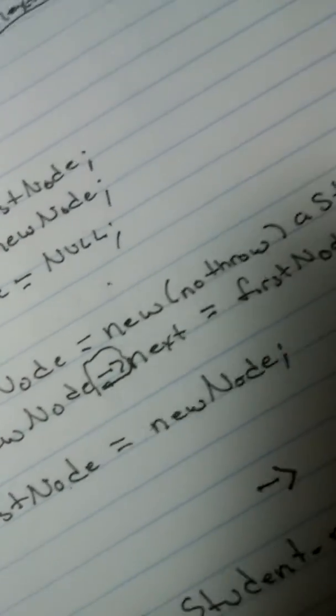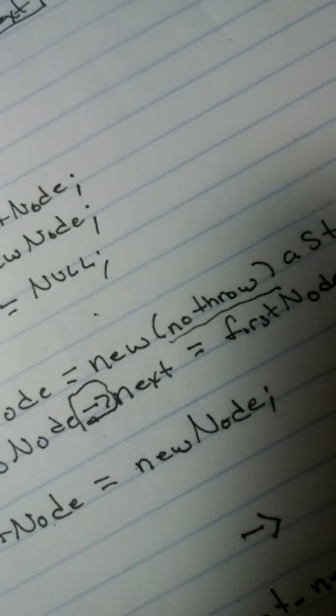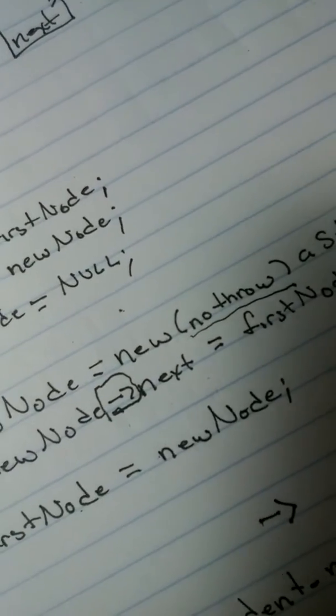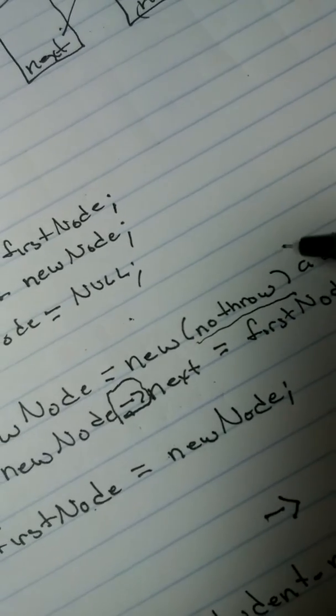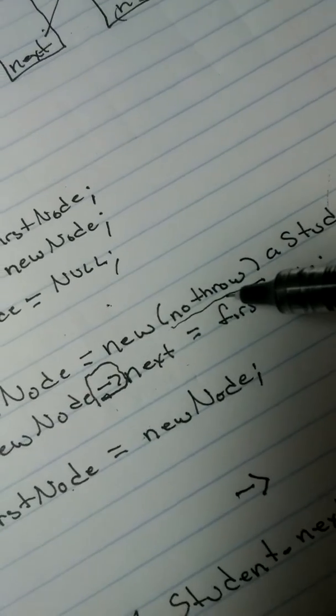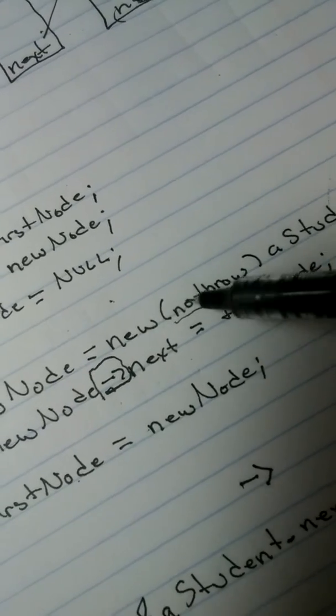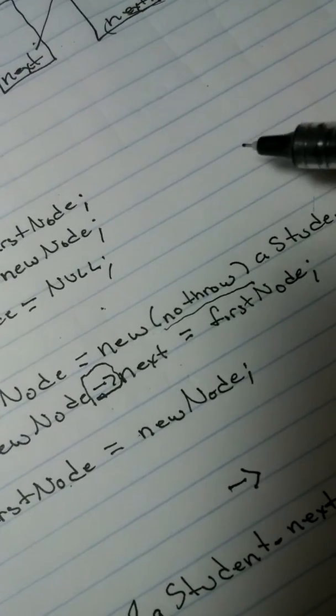Last thing though, no throw. You might have been like, what the hell is that all about? No throw is something which forces it not to throw an exception. Because, you know, when you create dynamic memory, your computer might be out of memory. It might not be able to create that. Normally, when you use the new function, C++ will throw an exception if there's no memory.